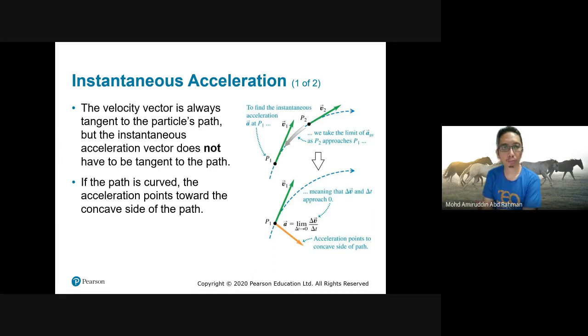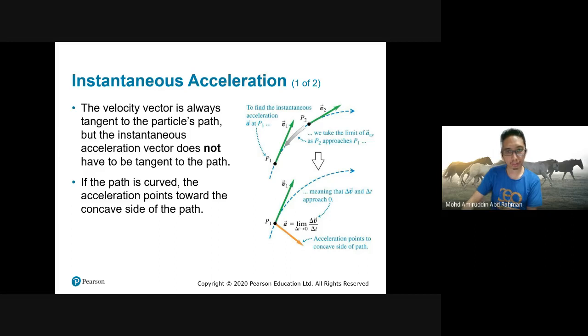If the path is curved, the acceleration points toward the concave inside of the path.